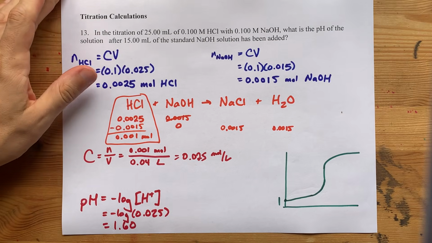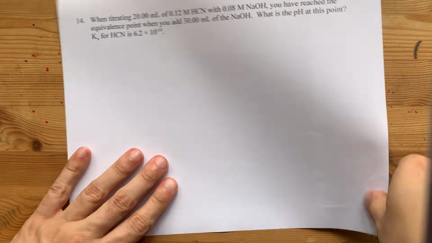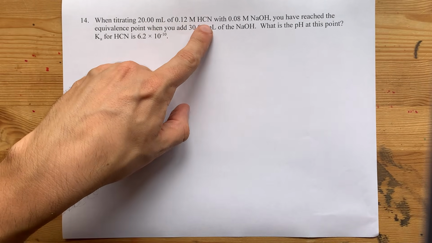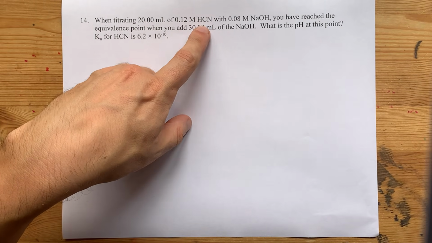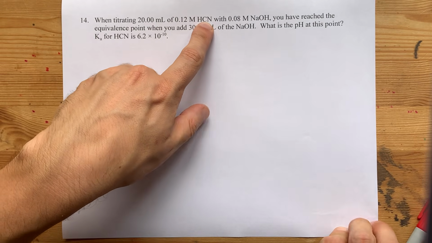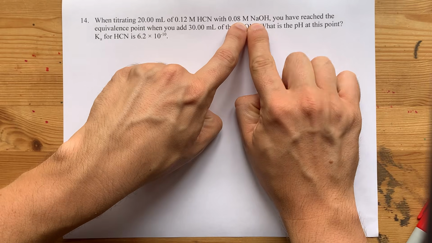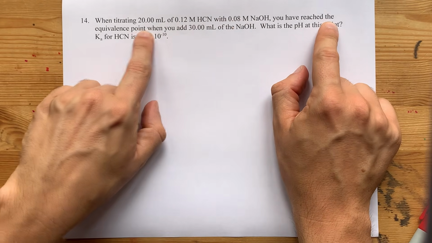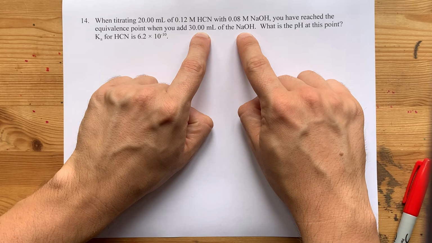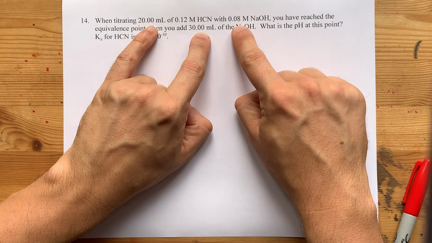Very nice. More. When titrating 20 milliliters of 0.12 HCN, that is a weak acid because it is not on the list of strong acids, with some NaOH, you've reached equivalence when you've added 30 milliliters of NaOH. They didn't have to tell us that, did they?